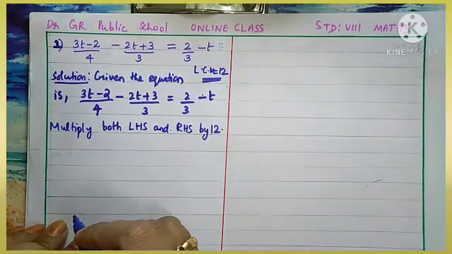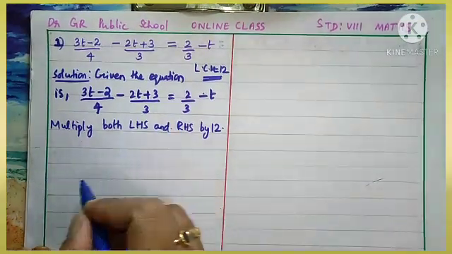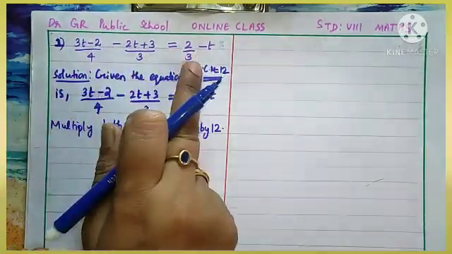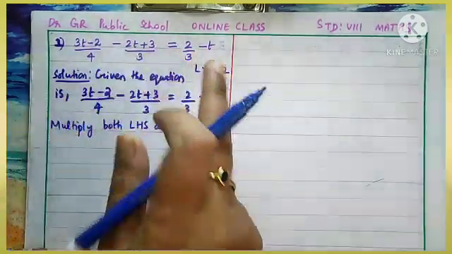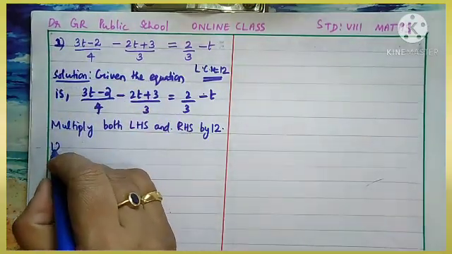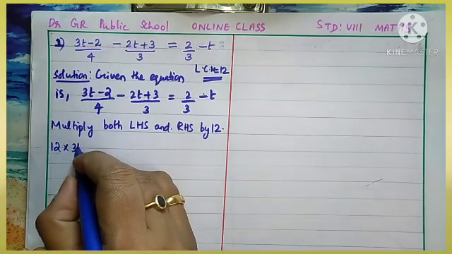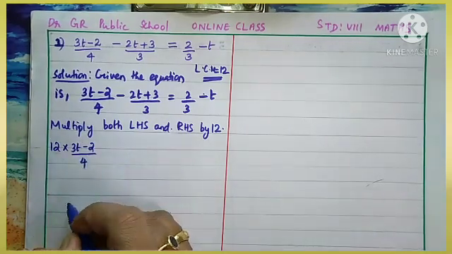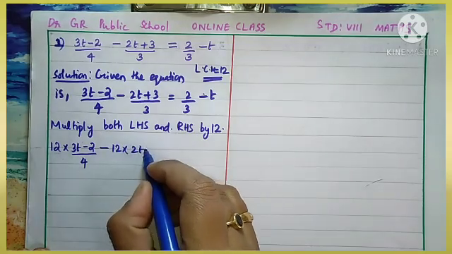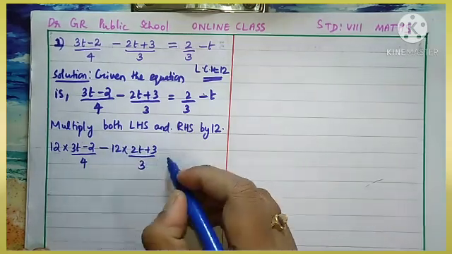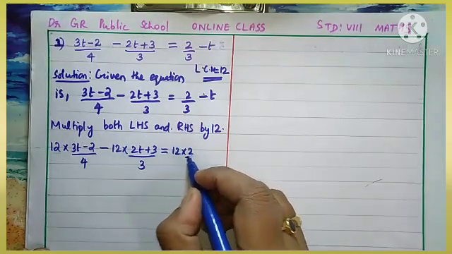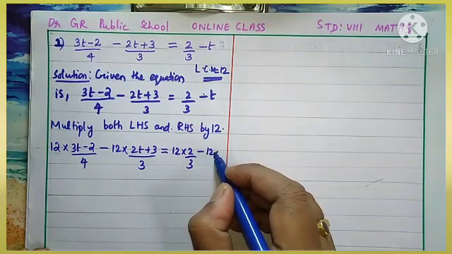Okay, so when I am going to multiply this, how we are writing, all of you see. First, each term we want to multiply by 12. That is the meaning, each term. So first I am multiplying the first term by 12. So it becomes 12 into 3t minus 2 by 4. First term it's over. Then minus again 12 into 2t plus 3 by 3 equal to, then right hand side, 12 into 2 by 3 minus 12 into t.